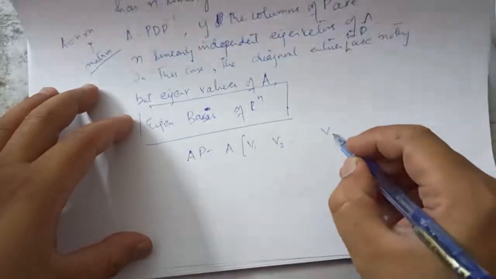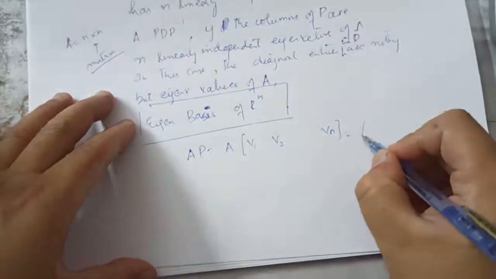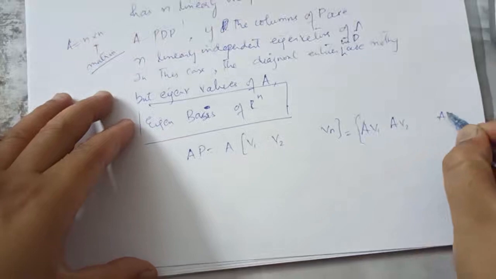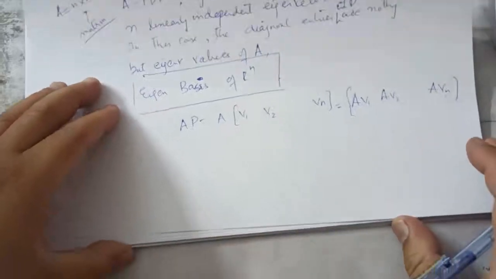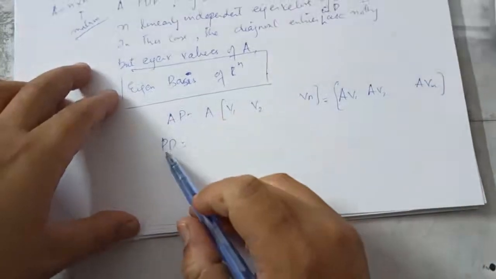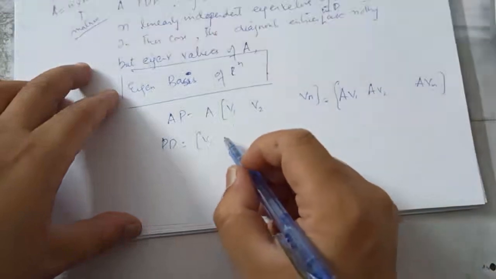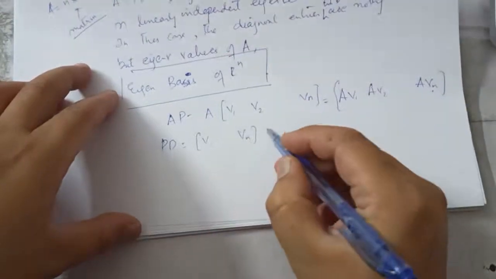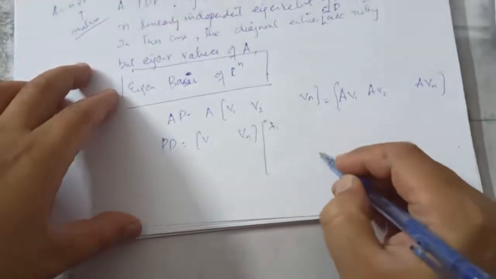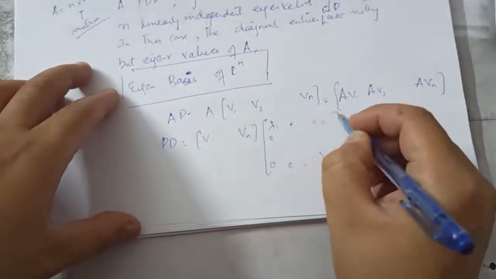The resultant is [Av1 Av2 up to Avn], right? And similarly we can find PD. P is again [v1 up to vn], and the diagonal matrix is nothing but the eigenvalues, lambda 1 up to lambda n, and all the remaining values are zeros, right?